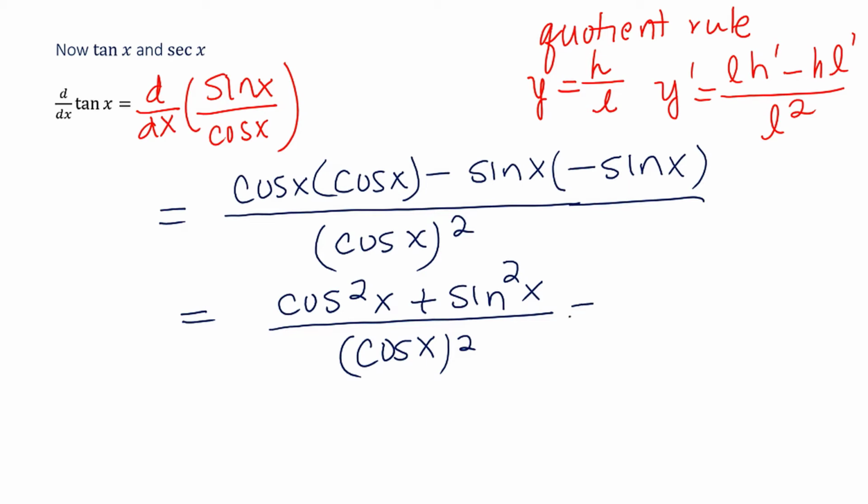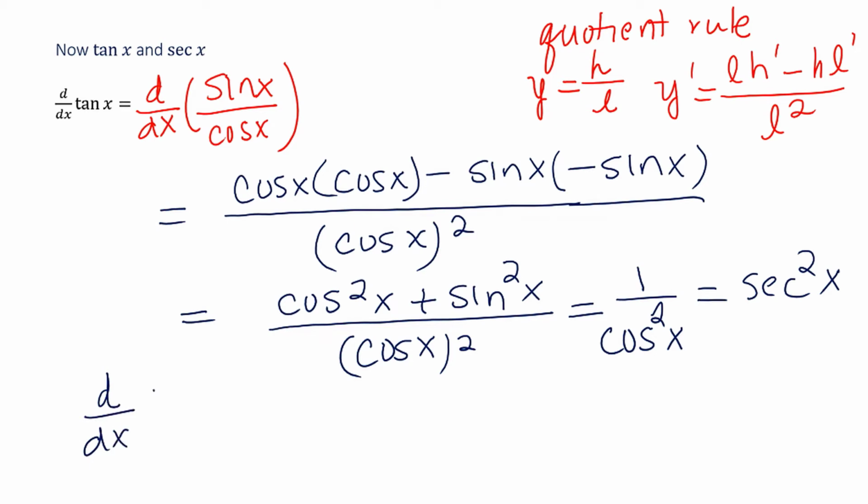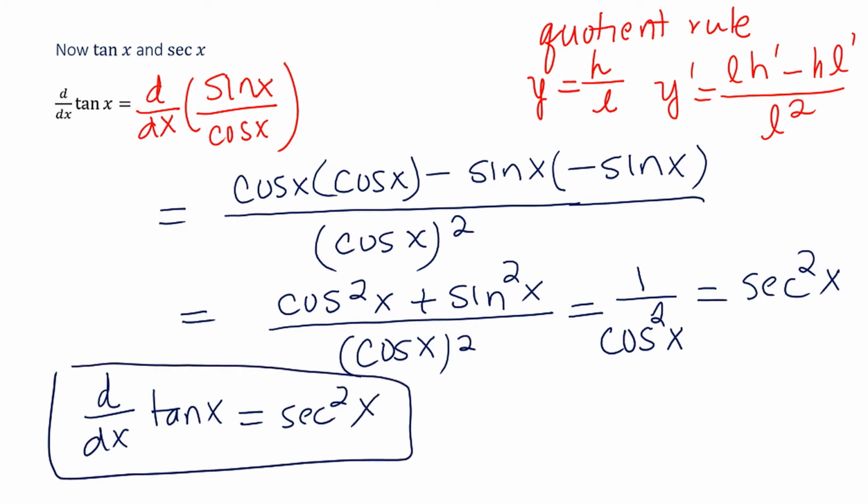The trig identity, cosine squared x plus sine squared x equals 1, and you have 1 divided by the cosine squared x. 1 over cosine is equal to secant, so 1 over cosine squared x is equal to secant squared x. We have another trig property, and that is the derivative with respect to x of tangent x is secant squared x. Memorize this.